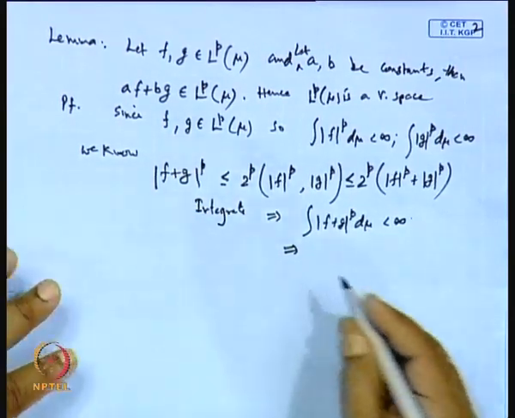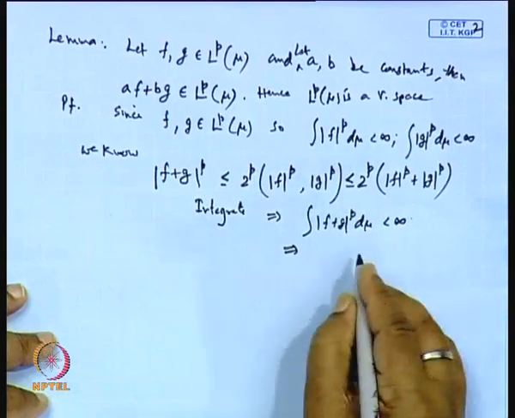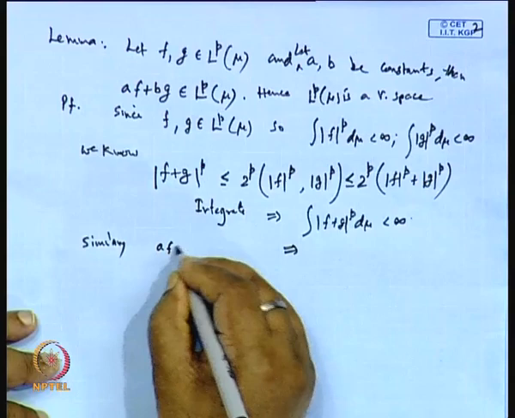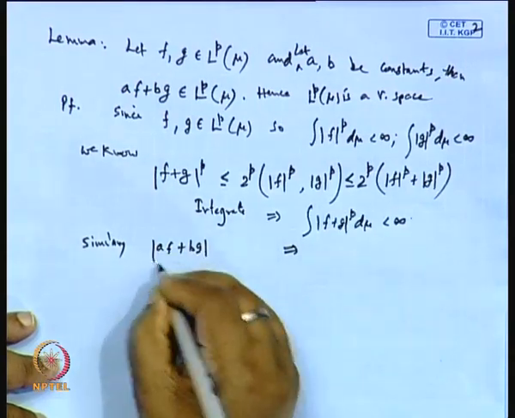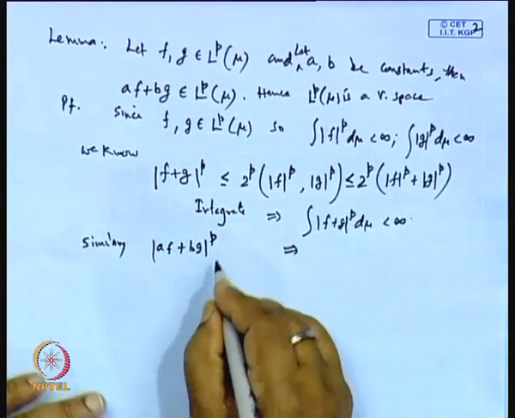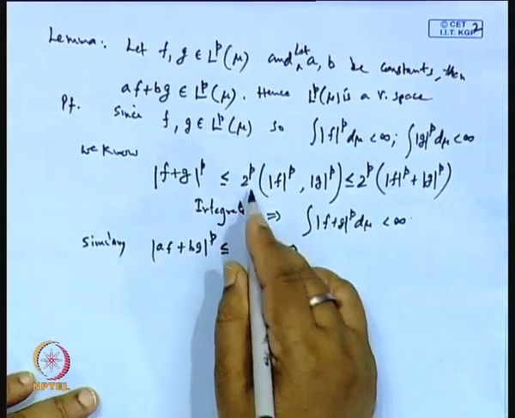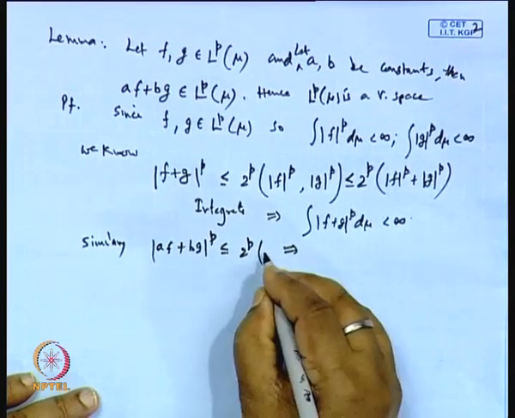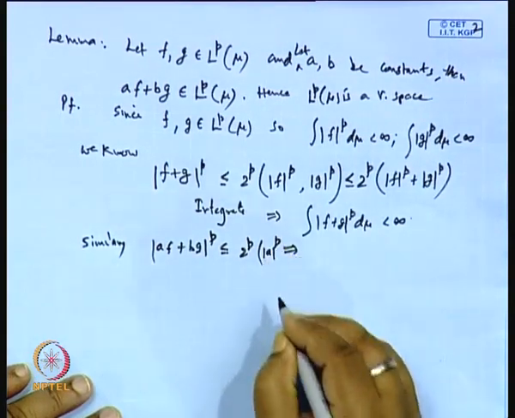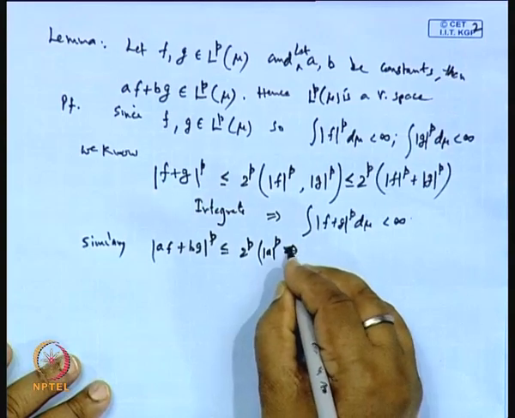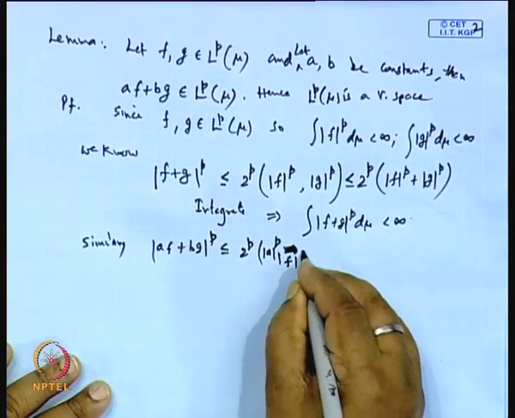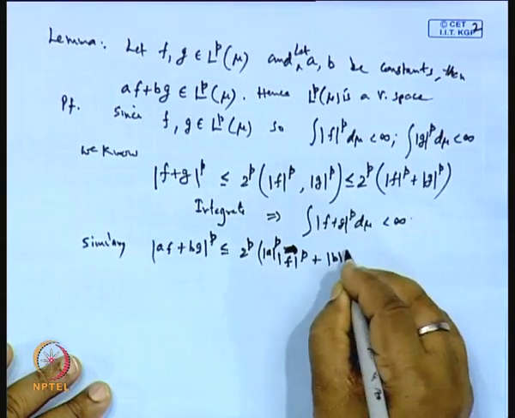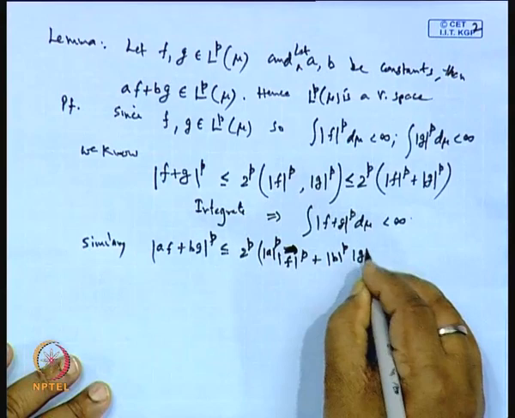And similarly we can show that mod a f plus b g to the power p will be less than or equal to what? 2 to the power p times, within brackets, mod a to the power p times mod f to the power p plus mod b to the power p times mod g to the power p.